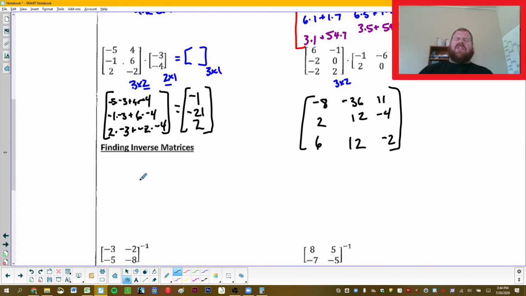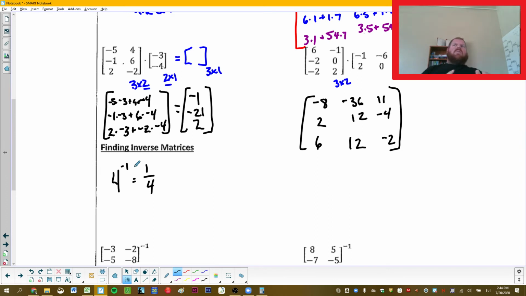Because if we think about inverse numbers, not operations, if I'm looking for the inverse of 4, almost everybody will tell me it's 1 over 4, right? Because that's our rules of exponents.